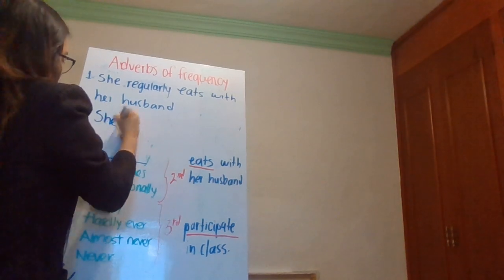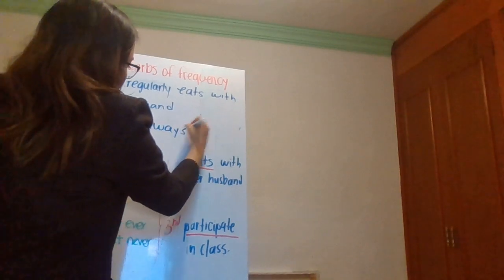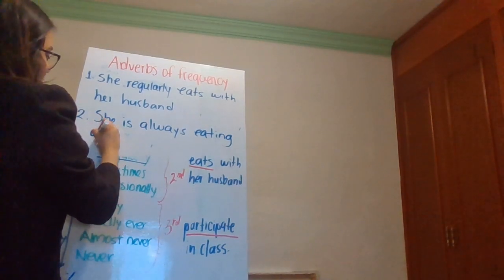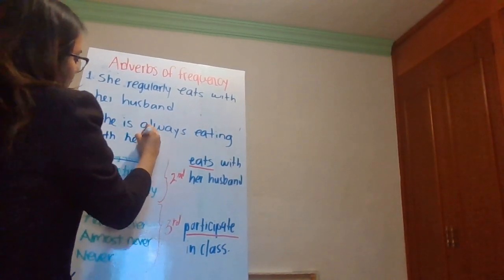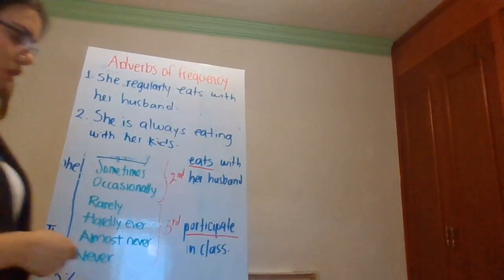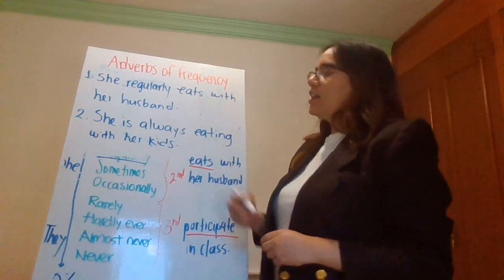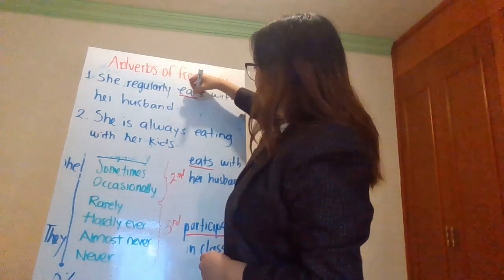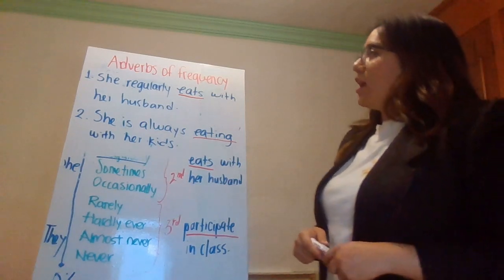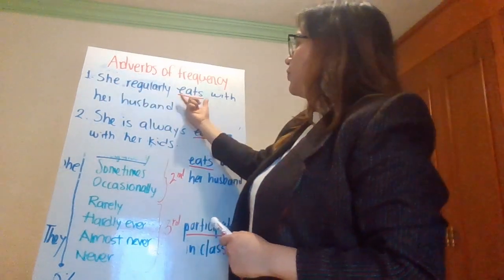Like she's always eating with her kids. Okay, so we already said that the only thing that changed is the verb, right? It's eating. And that the position of the adverb is after the subject and before the verb.